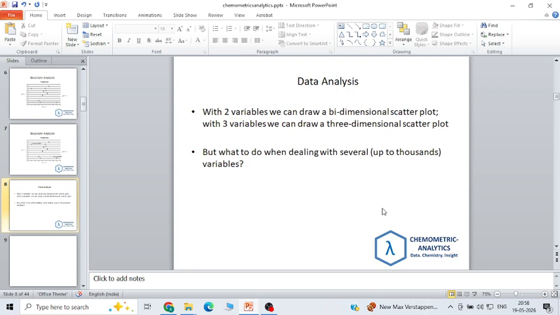You will see in coming lectures how the chemometric methods identify new components from this multi-dimensional data set, and this multi-dimensional data set is reduced to much more meaningful but way fewer components, as low as 3 or 2, right?